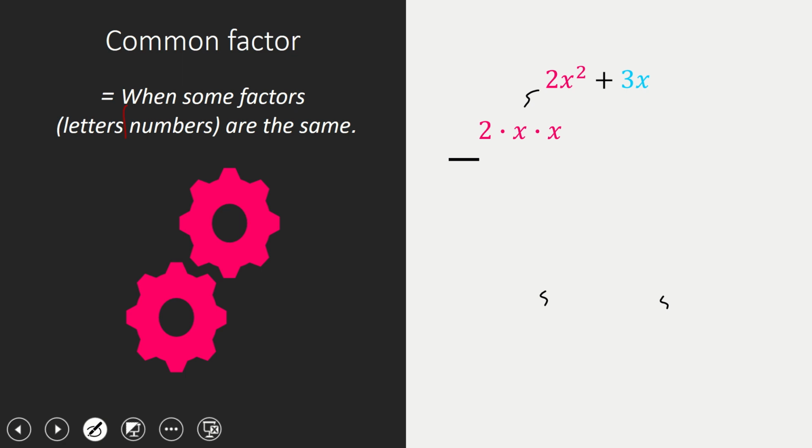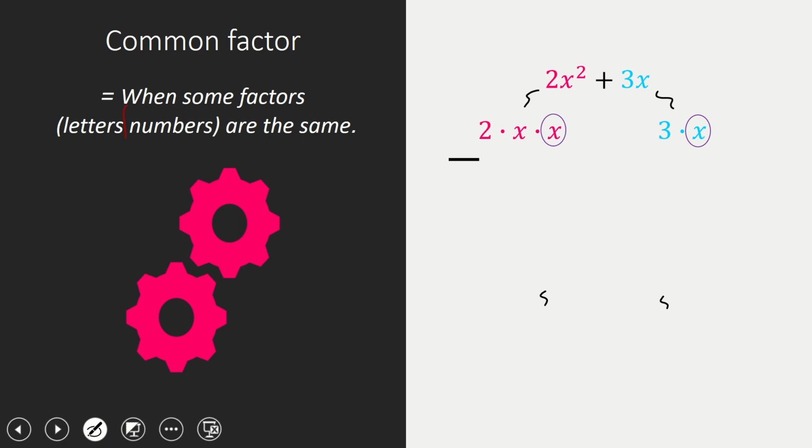That's what the x squared means. 3x consists of a 3 times an x. The common factor, so the same thing in the 2 times x and the 3 times x, is the x. They both have x in common. That's what is the same.